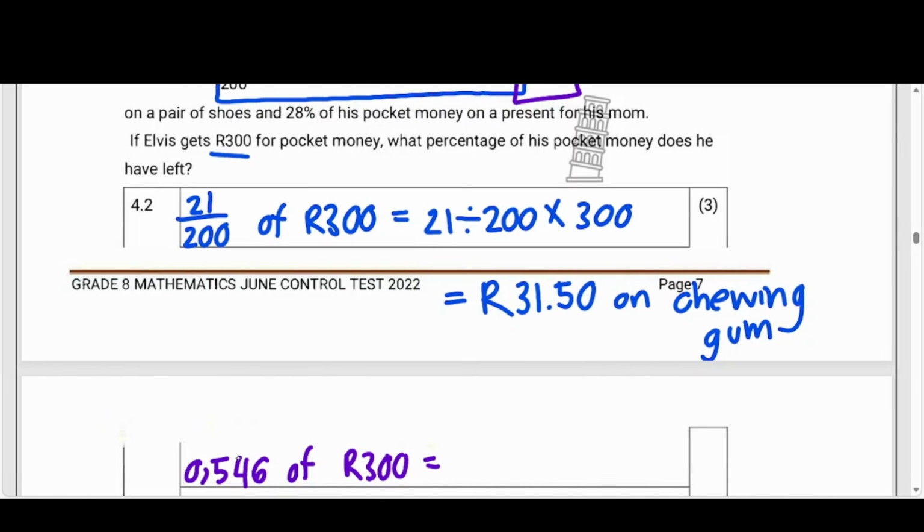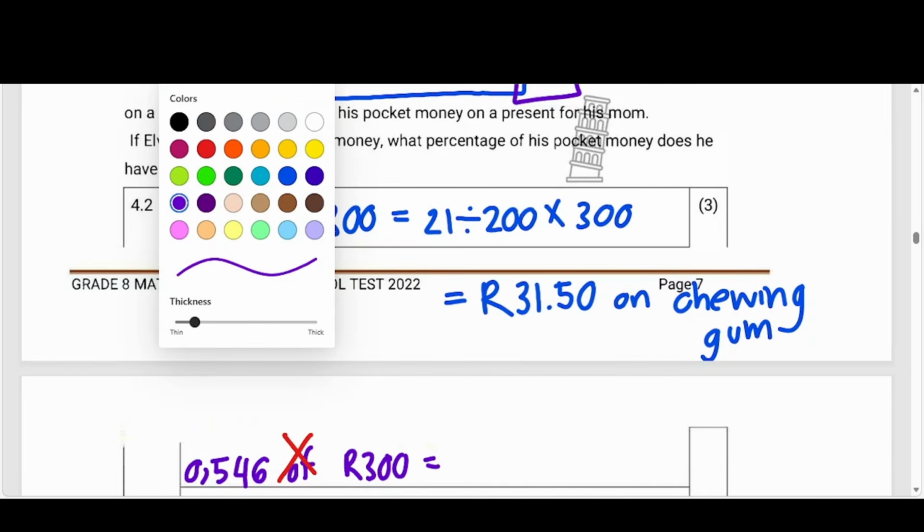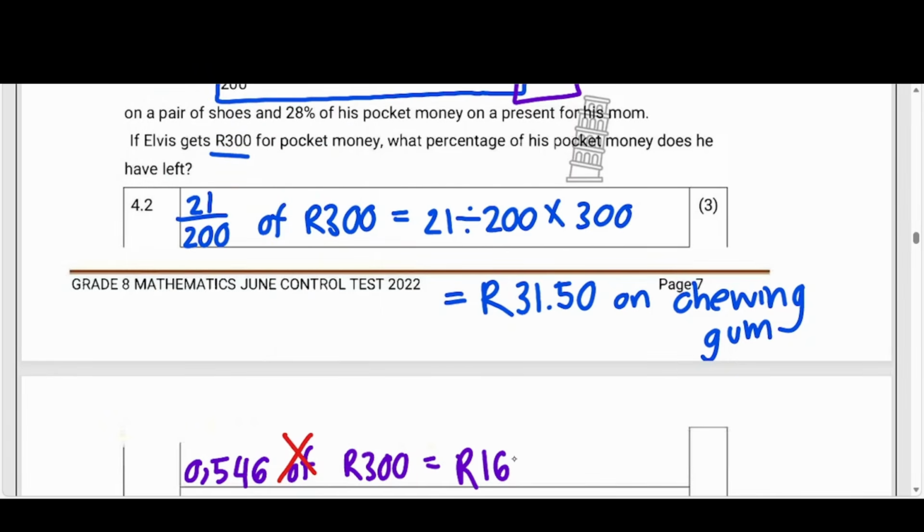Of means times. So when you see of, you just times it. So 0.546 times 300 is going to give me 163 Rand and 80 cents on shoes.